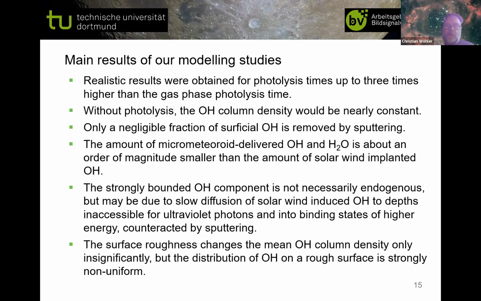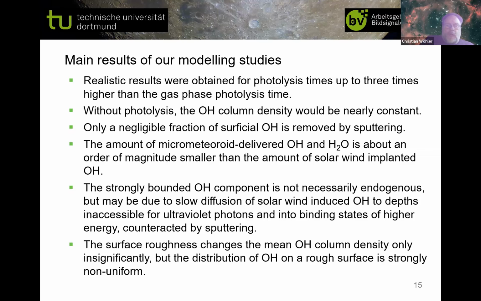So sputtering might remove that component so that it doesn't accumulate, but achieves some sort of equilibrium, limiting the amount of this stable component.